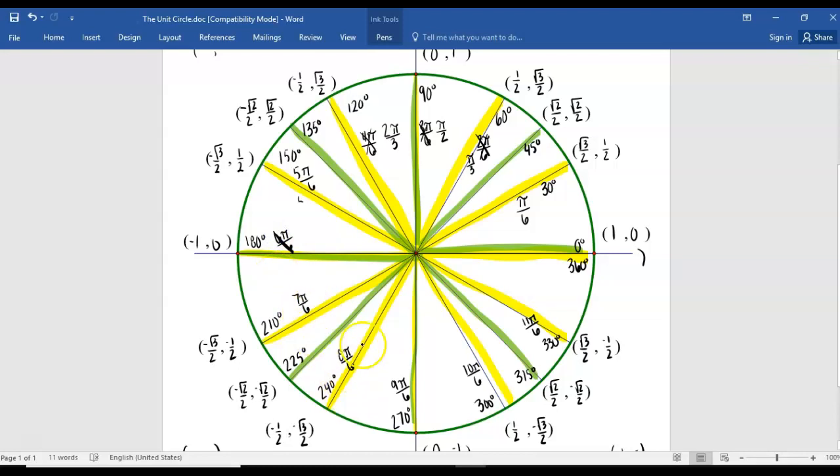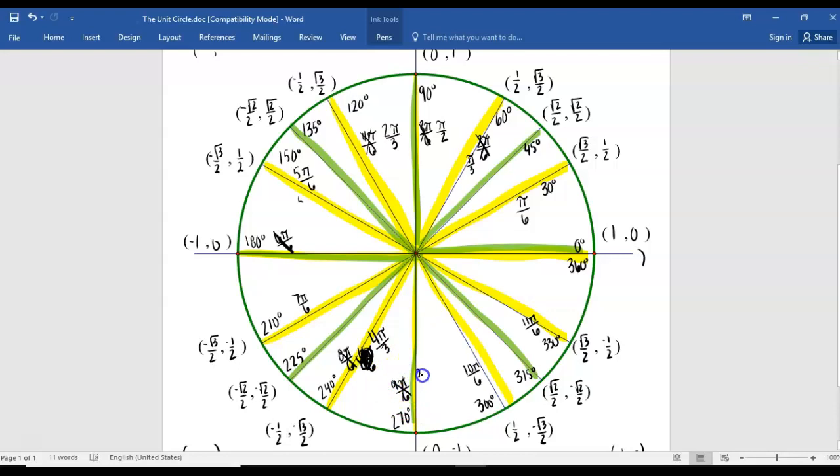7 pi over 6 will not reduce. 8 pi over 6, I could divide both of those by 2. I'll get 4 pi over 6 for that one. I'm sorry. Thank you. Mark that out. 4 pi over 3. Does that sound better? 9 pi over 6. Both of those are divisible by 3.